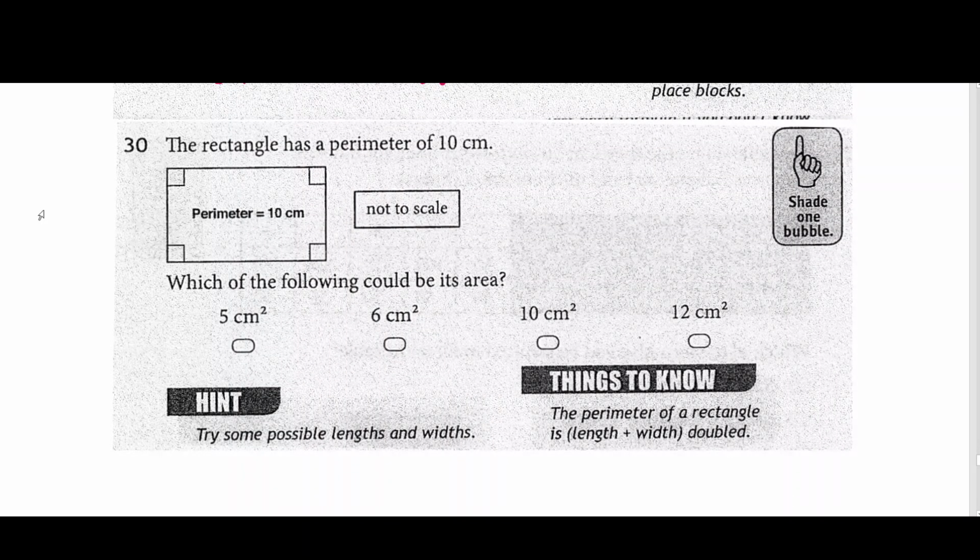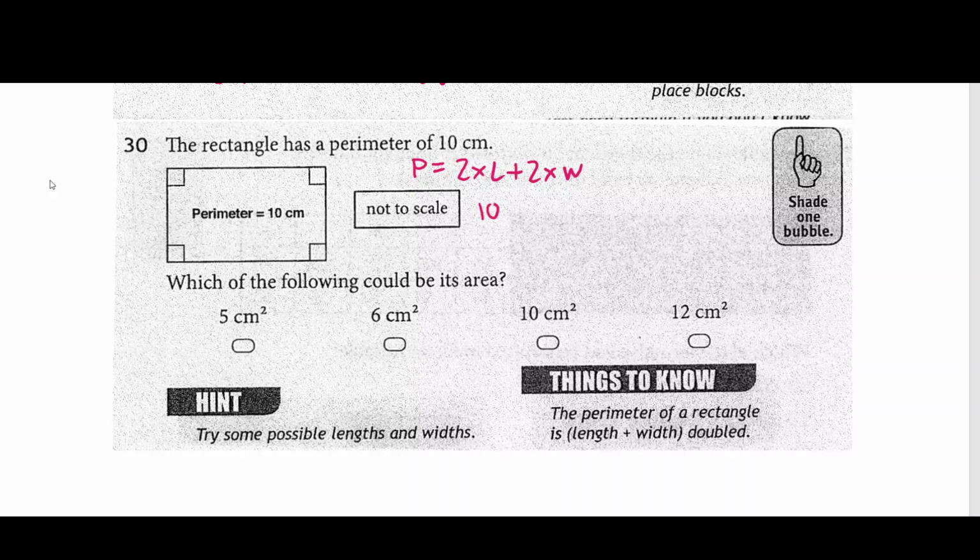Number 30. The rectangle has a perimeter of 10 centimeters. Which of the following could be its area? Okay. Now, perimeter is 10. So for a perimeter of 10, the perimeter for a rectangle is 2 times the length plus 2 times the width.